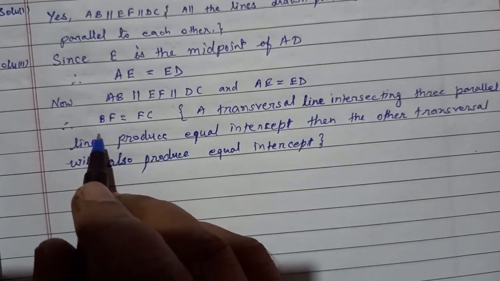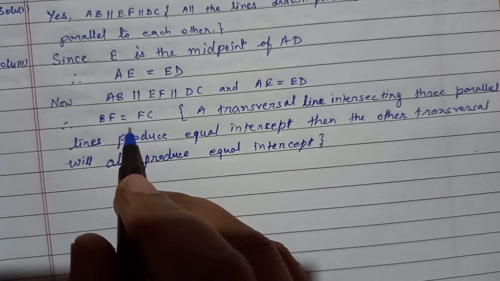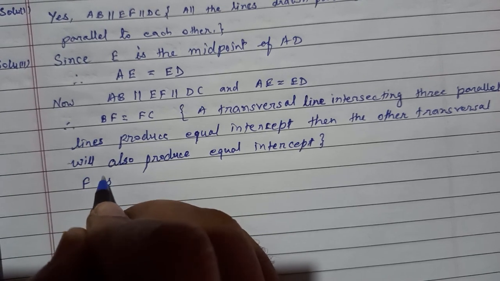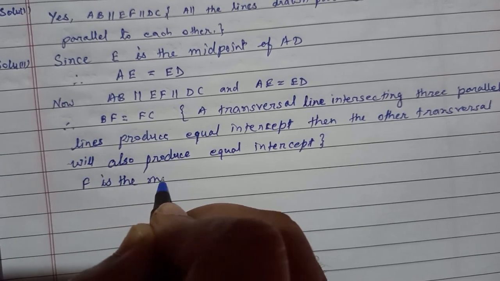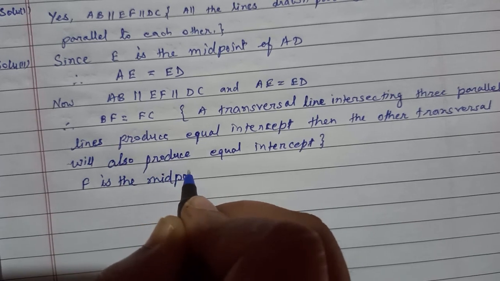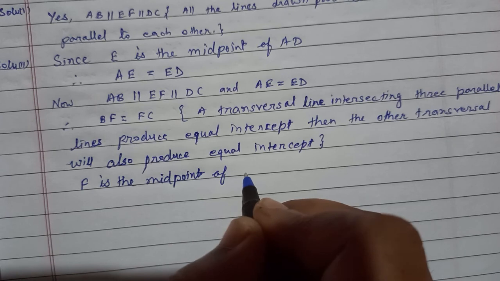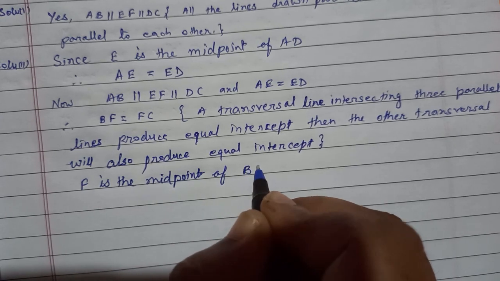Now BF and FC are the same, so F is the midpoint of BC.